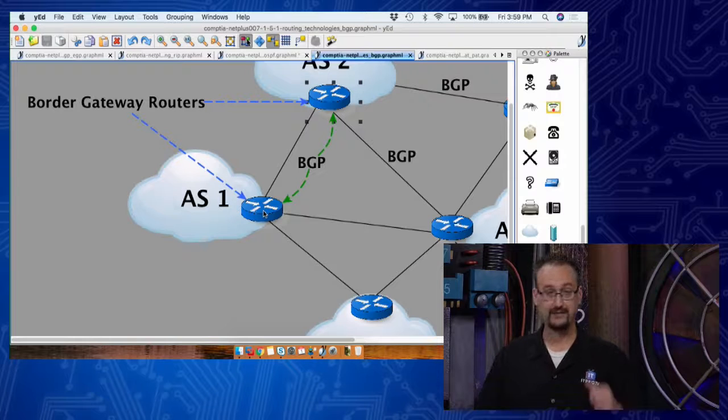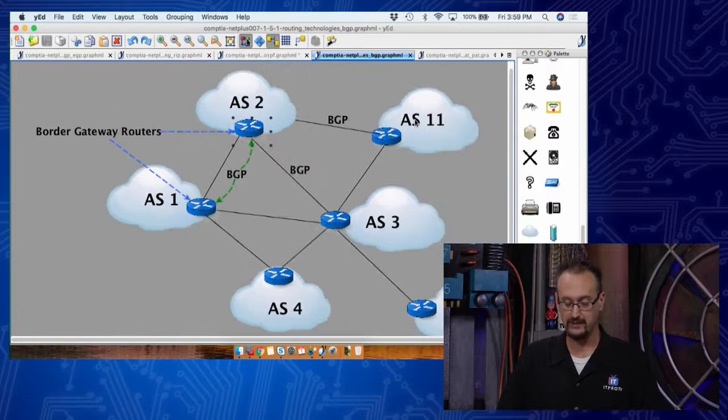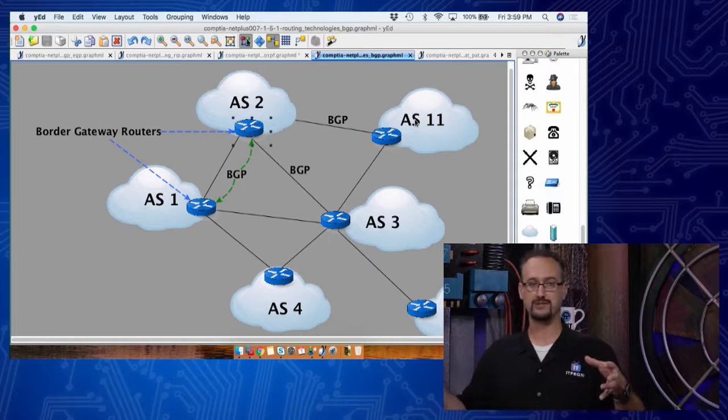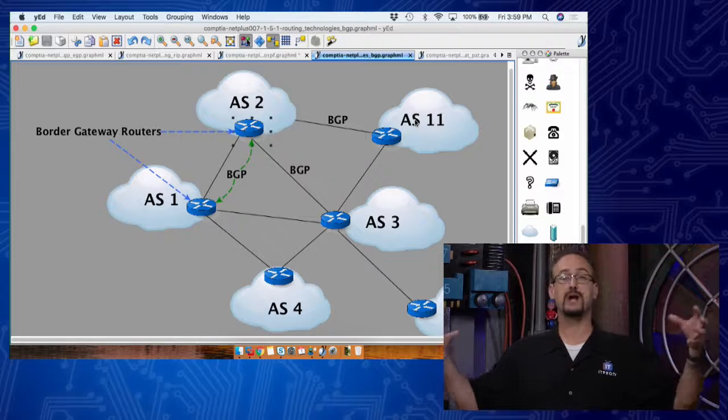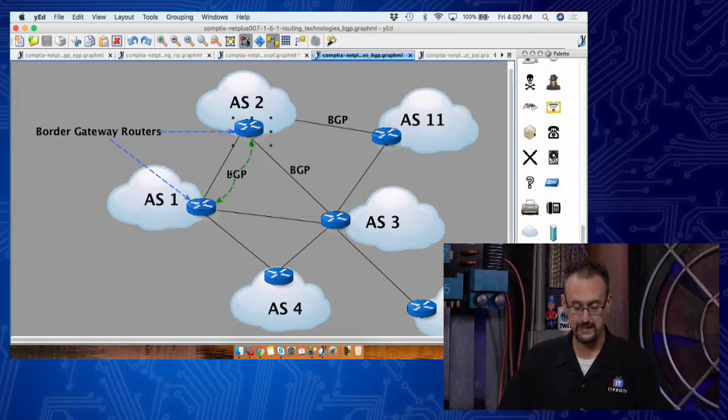It uses things like the path through those autonomous system numbers, network policies, or rule sets to make its decisions to send communications along the backbone of the internet. This is how the core backbone routers and the autonomous systems communicate across the internet through BGP.